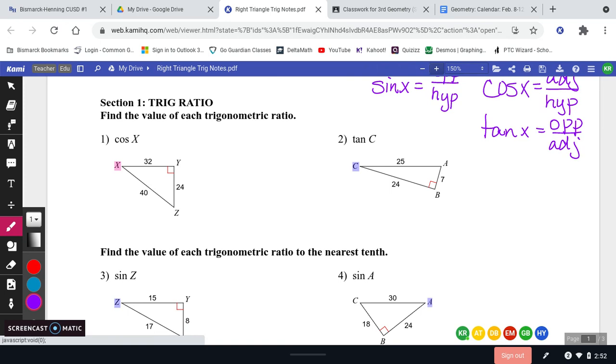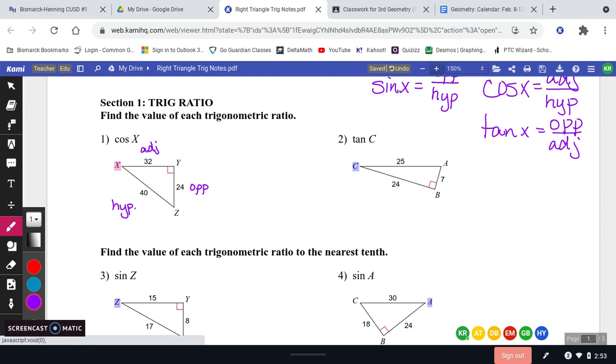The 40 is across from the right angle, so you know that's the hypotenuse. It's also the longest side of your right triangle. The side that is next to x, that is not the hypotenuse, is your adjacent side. And the one across from angle x is the opposite side.